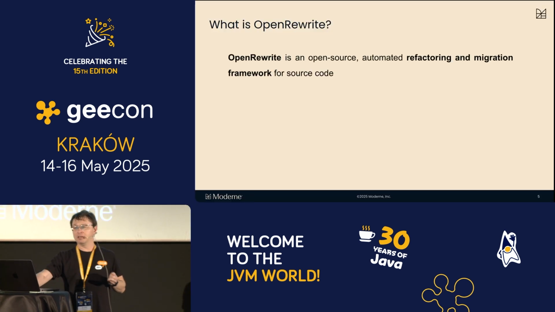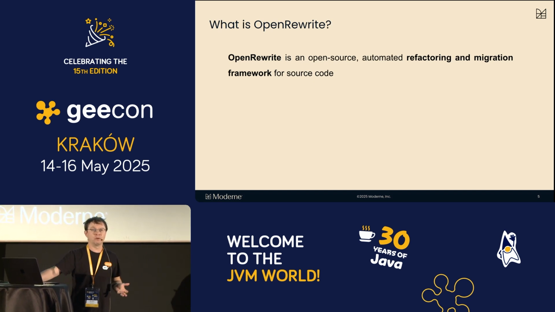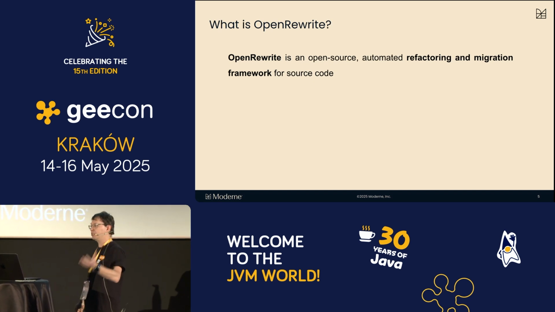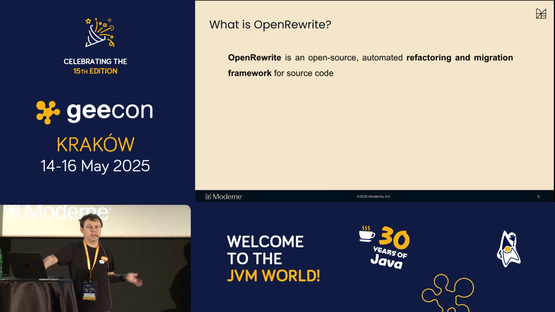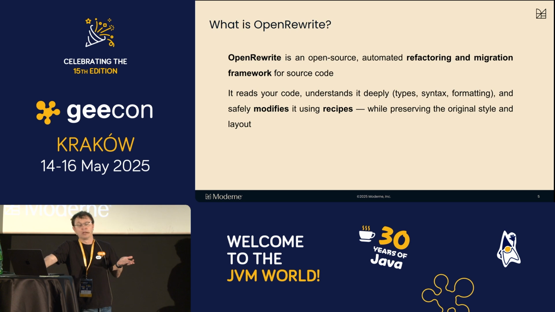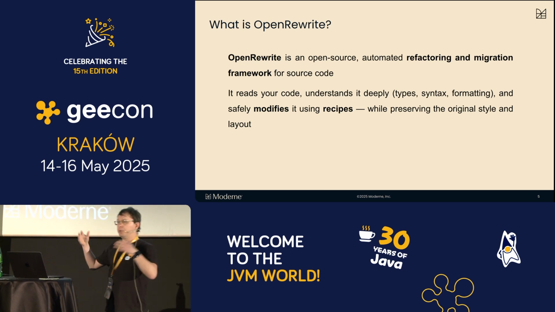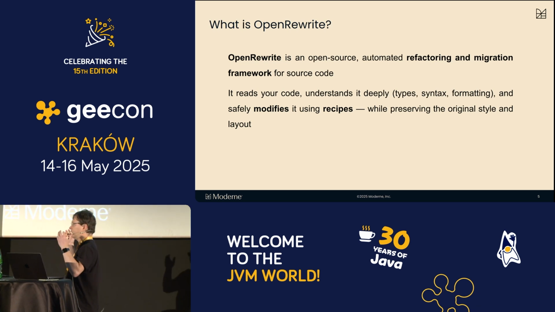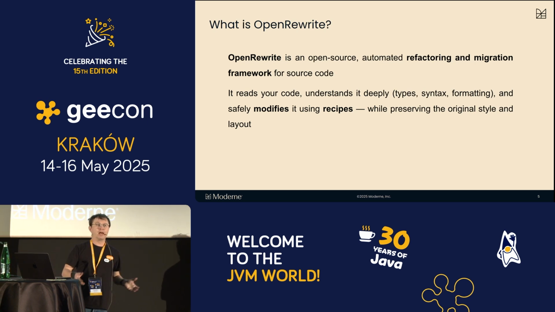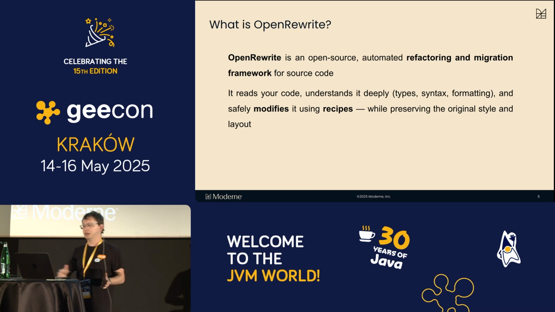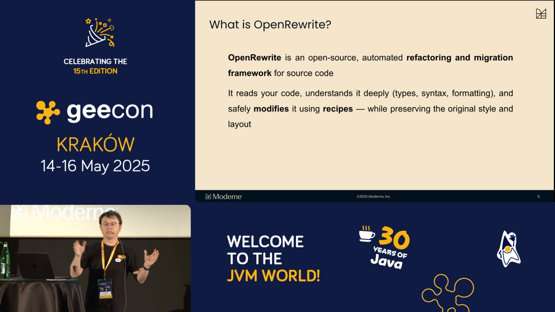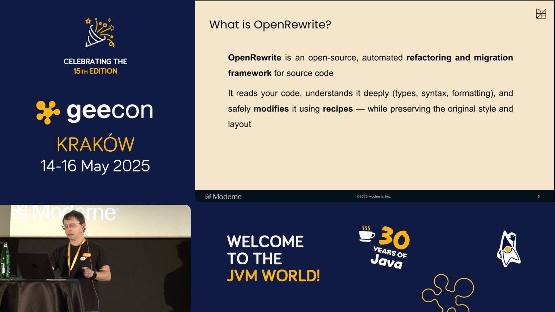So OpenRewrite is an open source product or platform for automatic refactoring and code migration that you can use to migrate your Java code and, in the future, not only Java code. We can deeply understand and read your code base, understand formatting, types, and so on, and apply migration recipes to modify the code base to move it to a new version or new framework version, preserving the original style of the code base.